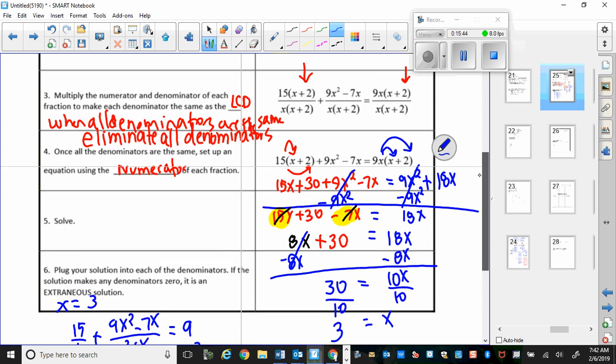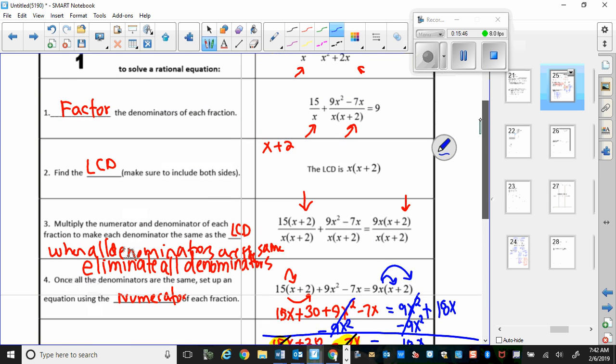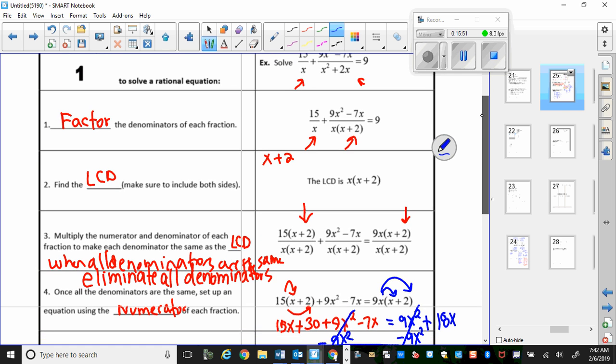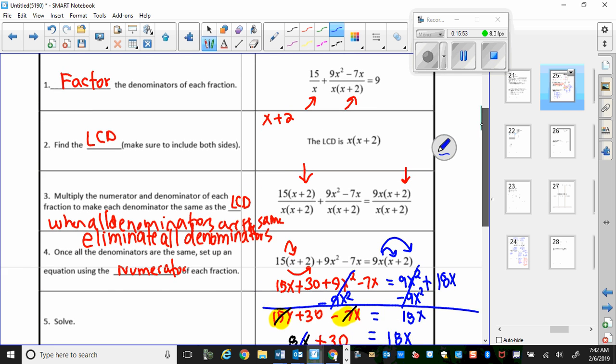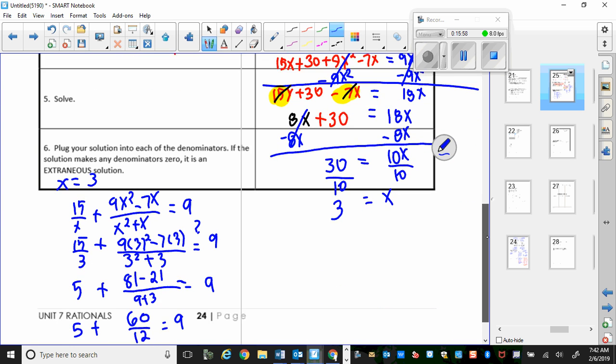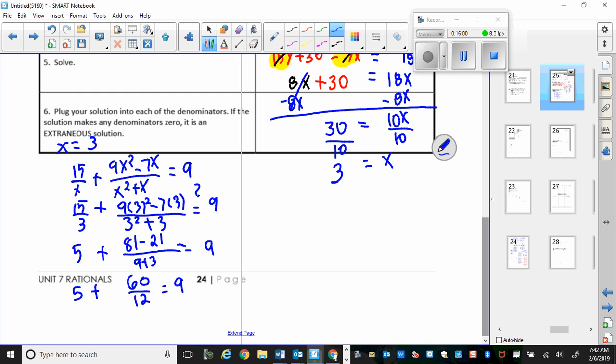I'm going to go back up and just check my information here: 15 over x, 9x squared minus 7x. Okay, and if I put this in my calculator, I get 5 plus 5 equals 10, equals 9.